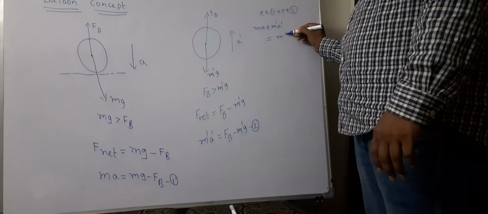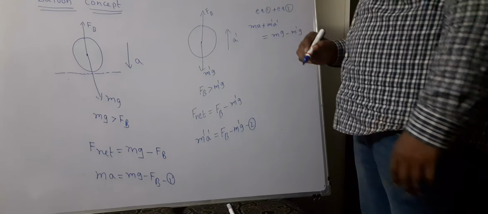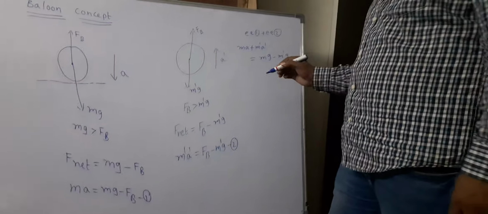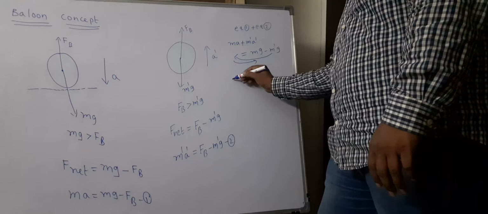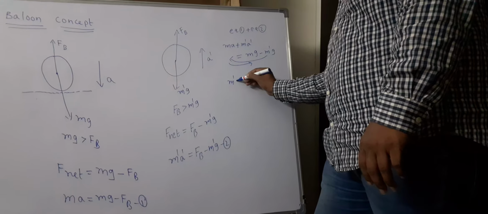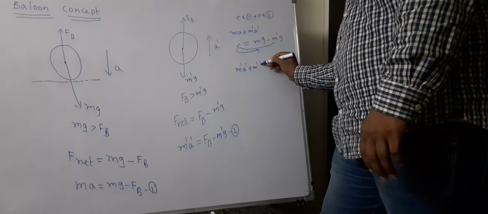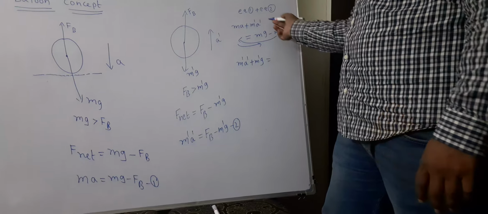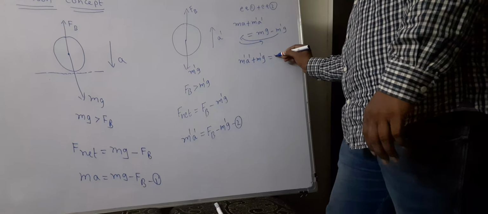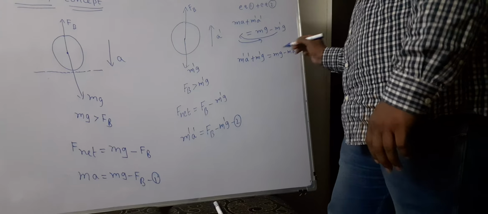Finally we get mg minus m dash g. Here m dash terms on one side, m terms on one side. Here m dash a dash plus m dash g. Okay. In the situation, minus on the other side becomes plus: mg minus ma.